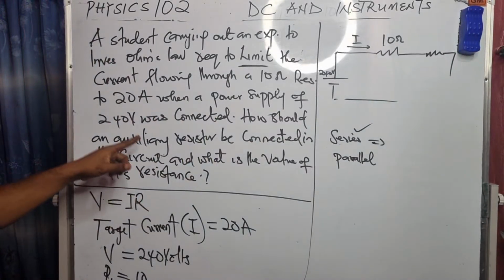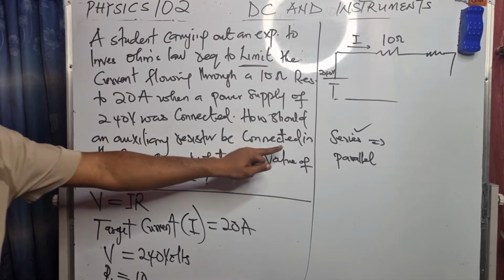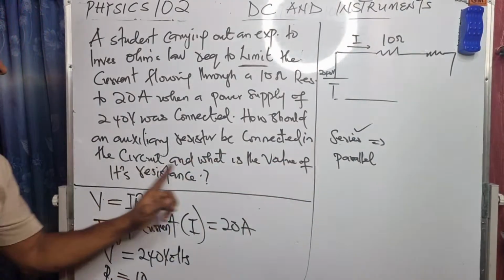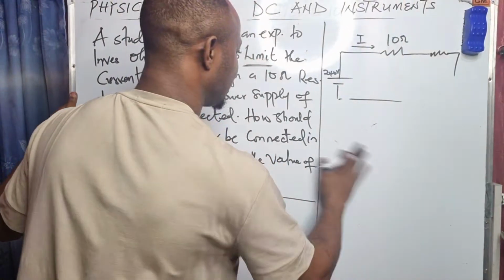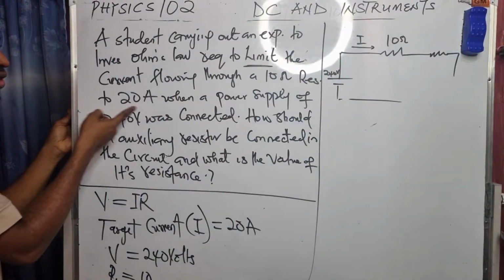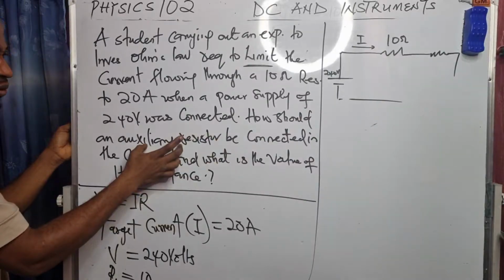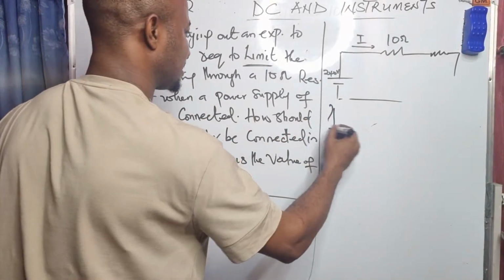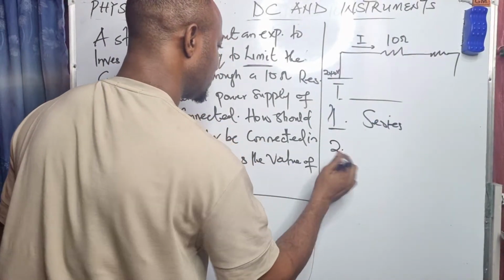So the question says, how should an auxiliary resistor be connected in the circuit, and what is the value of its resistance? The answer should be series. For me to limit my current, I have to increase the resistance by adding an auxiliary resistor to the 10 ohm resistor. So the first answer is that the connection must be in series.